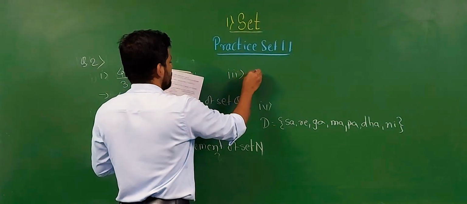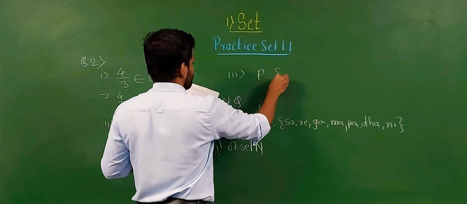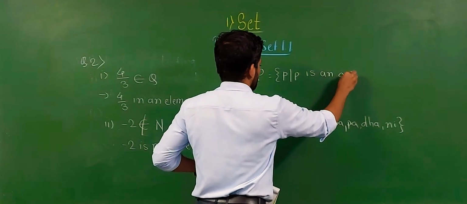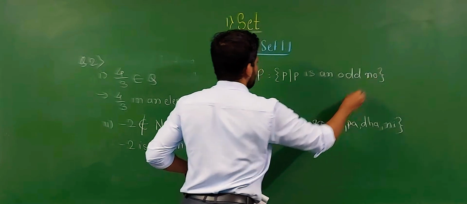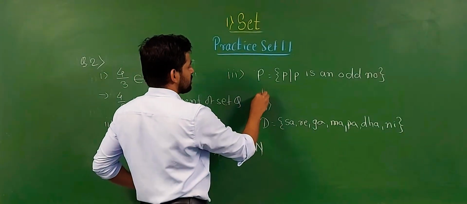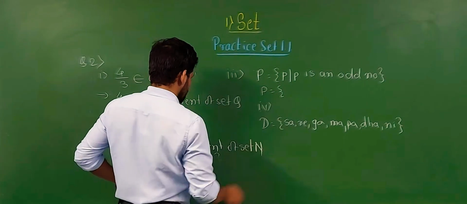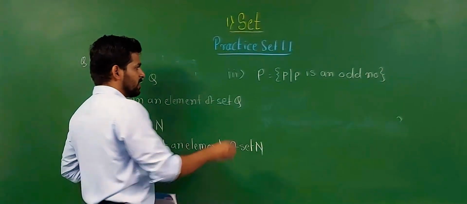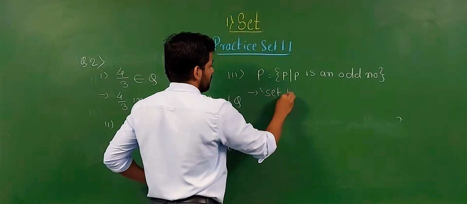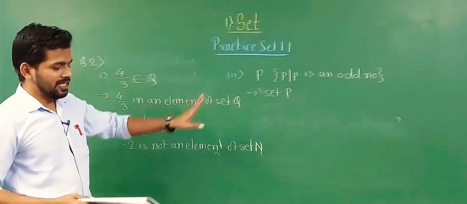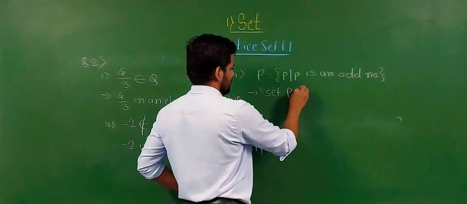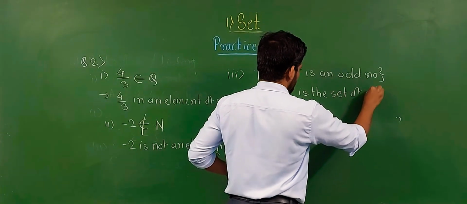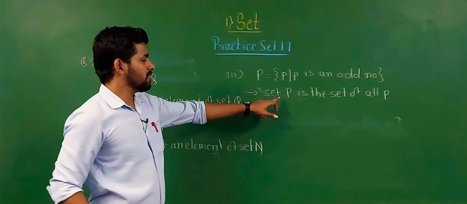Third one: P is the set of p such that p is an odd number. We write only odd numbers, but we write it in words, not in the listing method. So how do we write set P? First we write the name of the set: set P is the set of all p.